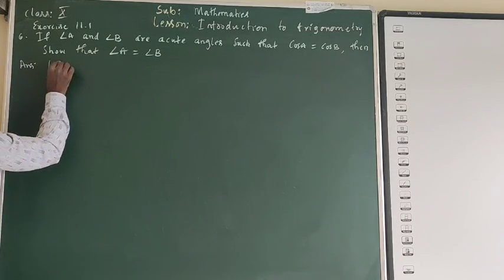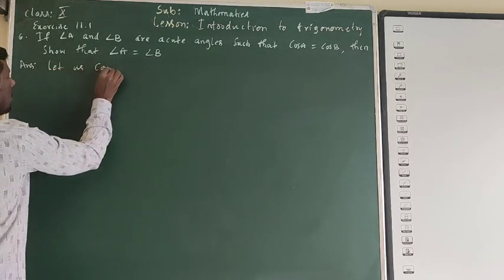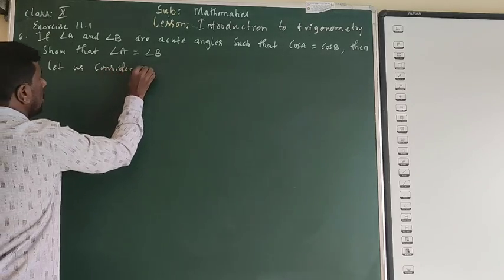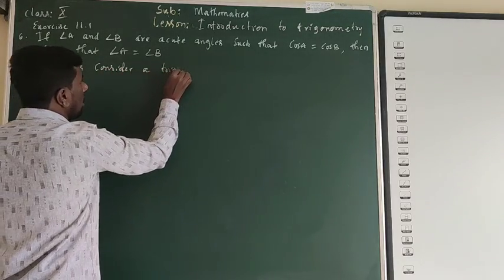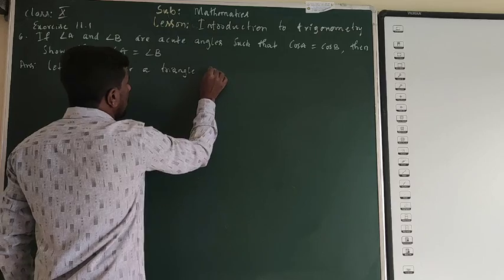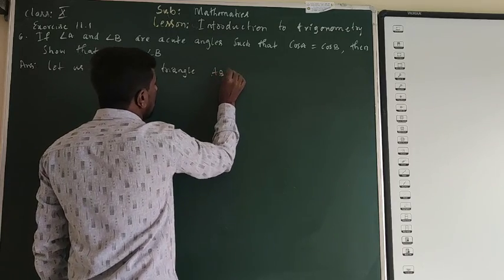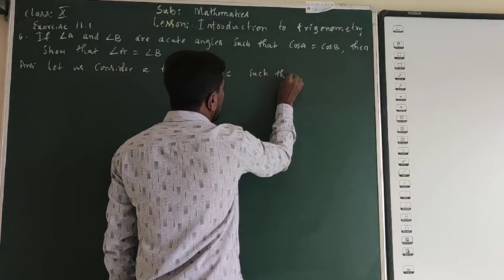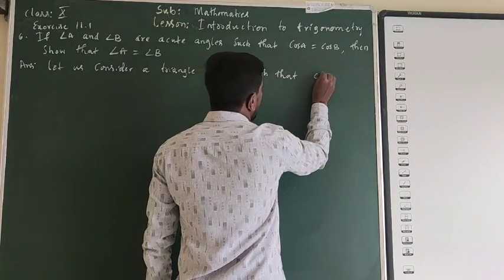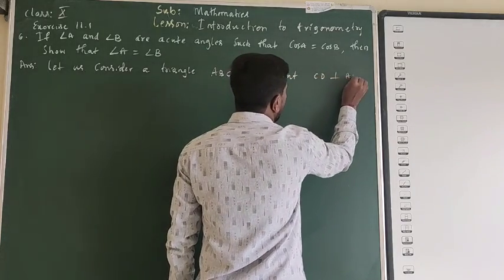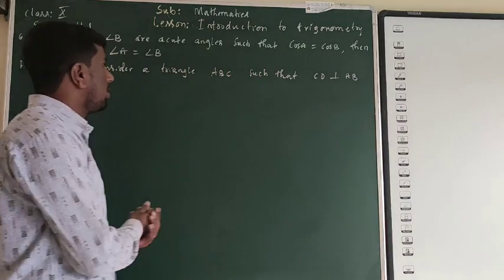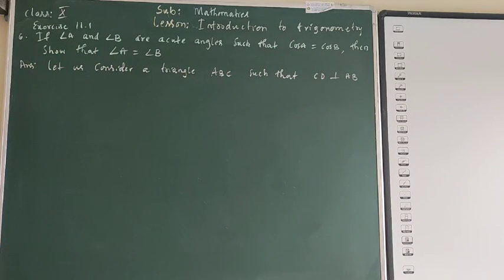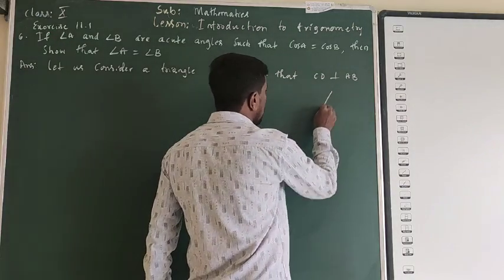Let us consider a triangle ABC such that CD is perpendicular to AB.